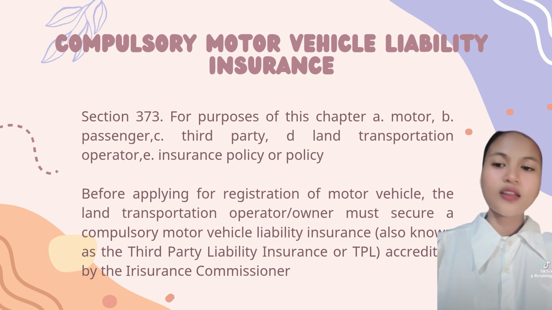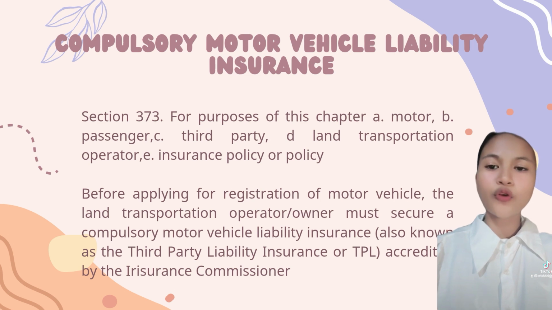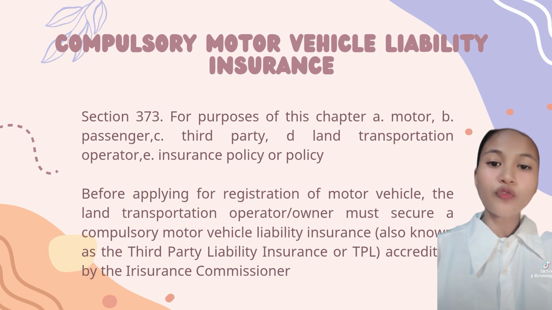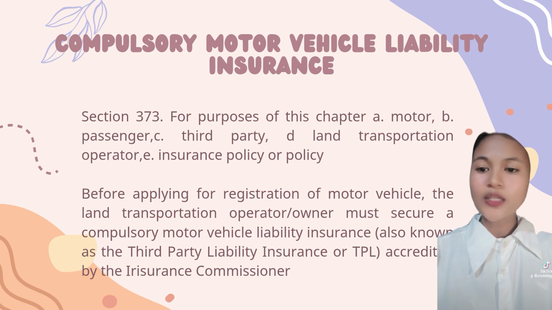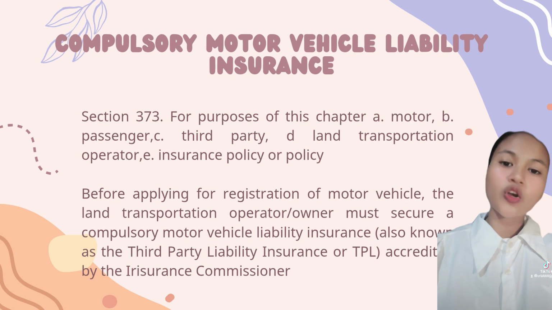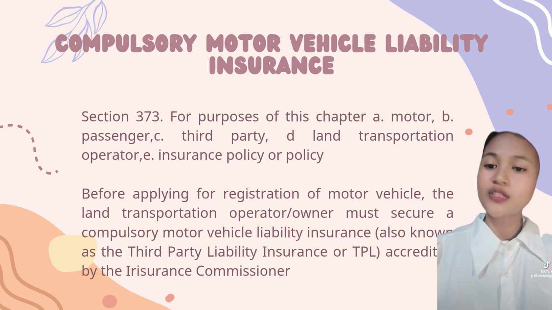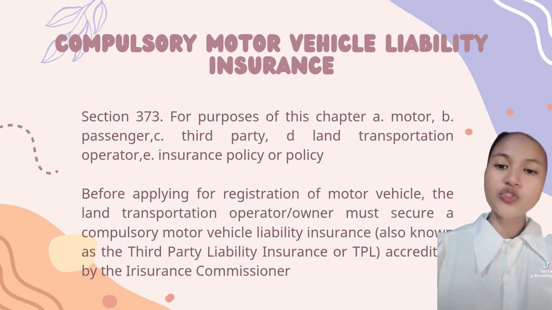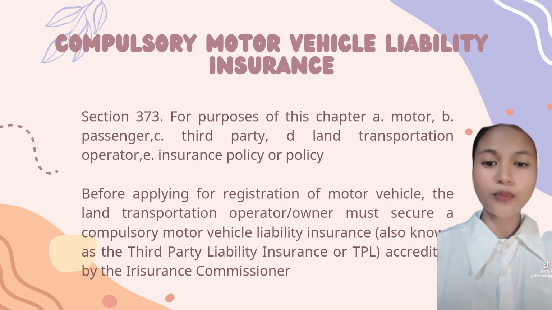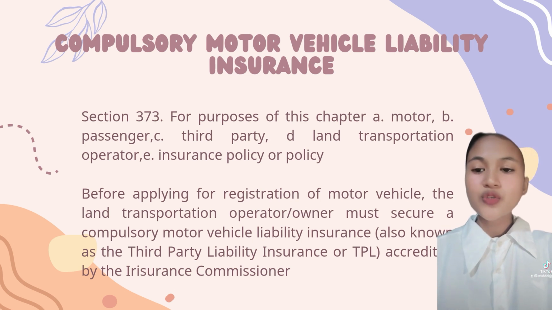Section 374. It shall be unlawful for any land transportation operator to operate the same in the public highways unless there is enforced in relation thereto a policy of insurance, or guarantee in cash or surety bond, issued in accordance with the provisions of this chapter to indemnify the death, bodily injury, and or damage to property of a third party or passenger, as the case may be, arising from the operation thereof, as amended by PD number 1455. Section 377.